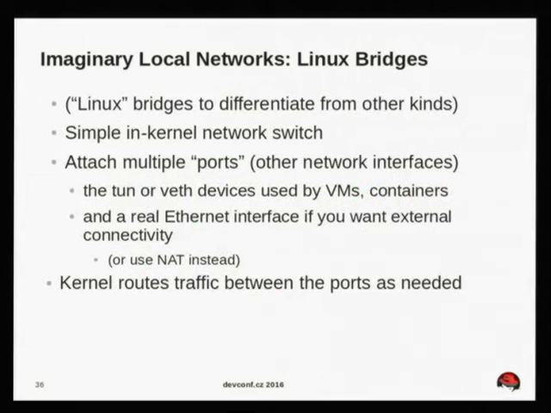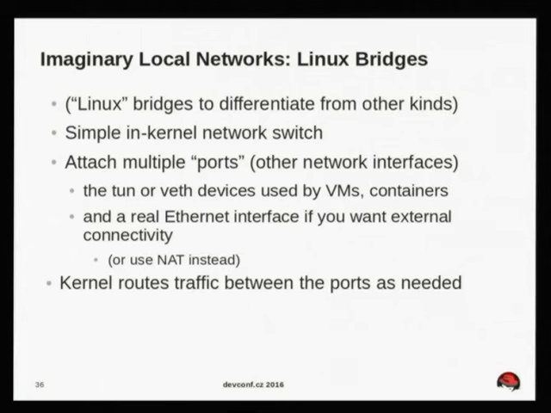So with Linux bridges, and I say Linux bridges just to differentiate them from hardware bridges or Open vSwitch or anything like that, it's just a simple network switch in the kernel. You attach network interfaces to it, and they're called ports. And then the kernel deals with routing traffic between the different ports.